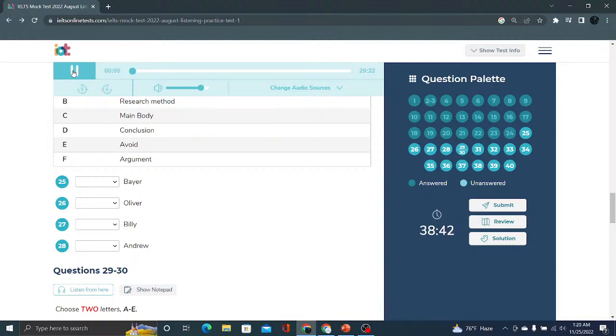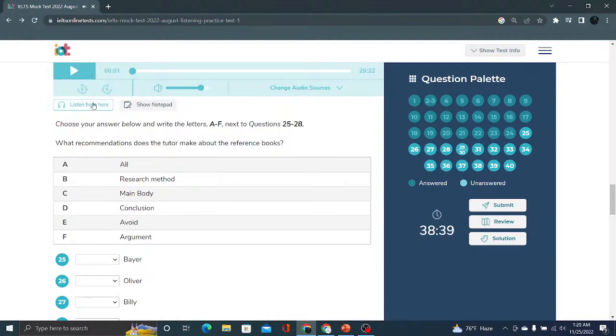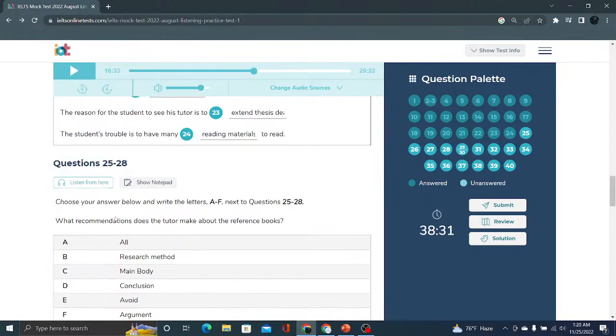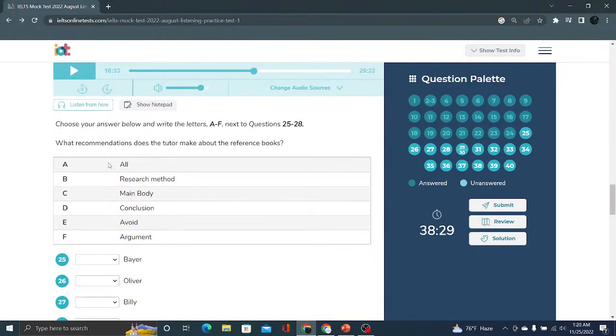Okay, let's move on for practice with question number 25 to 28. So let's read it. Let's find out some question. What recommendation does the tutor make about the reference books?